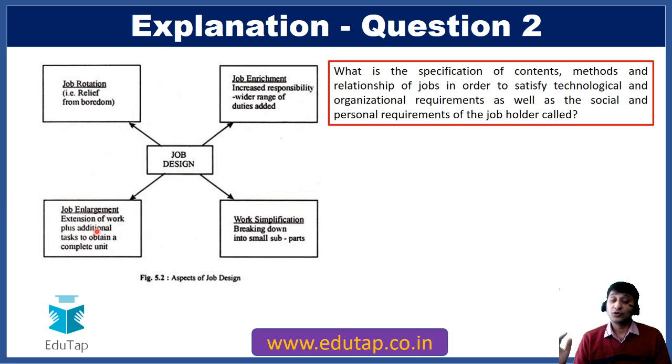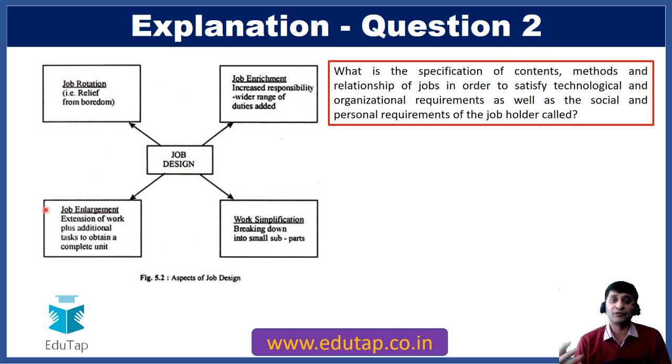When you do your colleagues' work, enrichment is about doing your boss's work. Job enlargement is basically doing your colleagues' work. So it is more of an overload rather than a challenge or a learning opportunity. So job enlargement might not add any new skills to your portfolio.